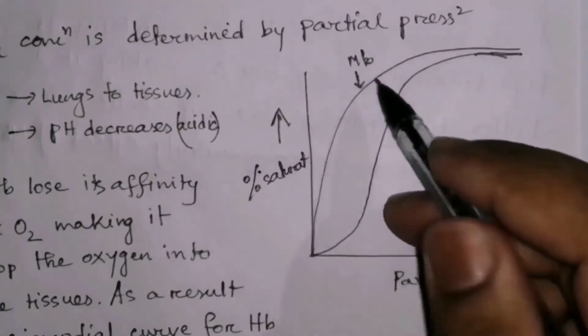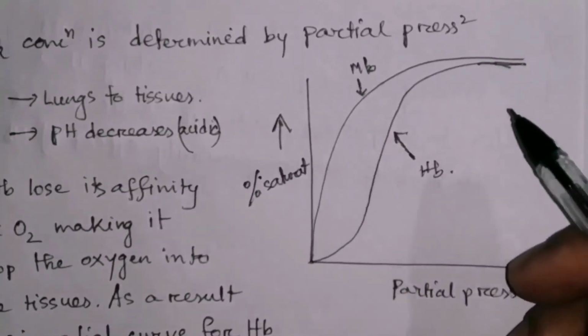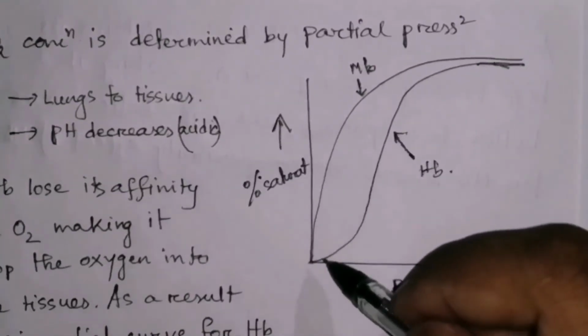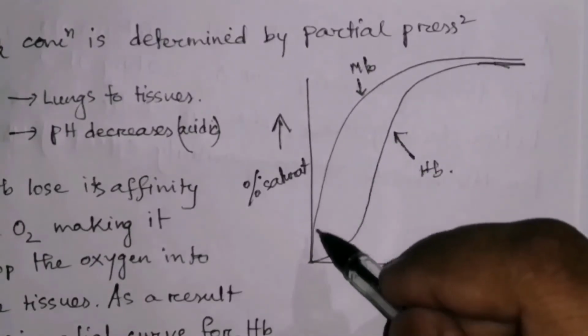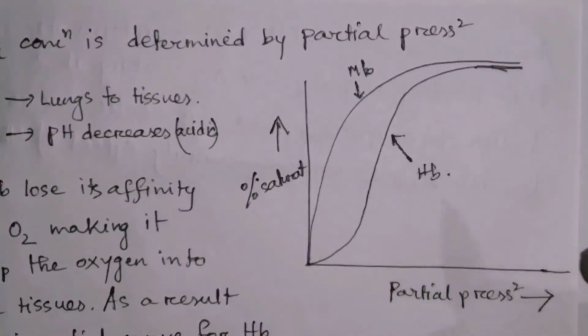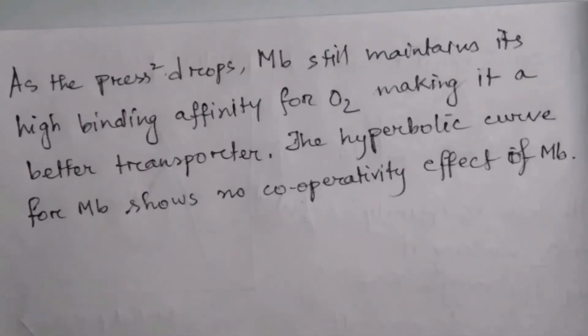But for myoglobin, which comprises of only one heme unit, it binds with the oxygen much more tightly, showing an abrupt increase in the plot. So this is all necessary for myoglobin.